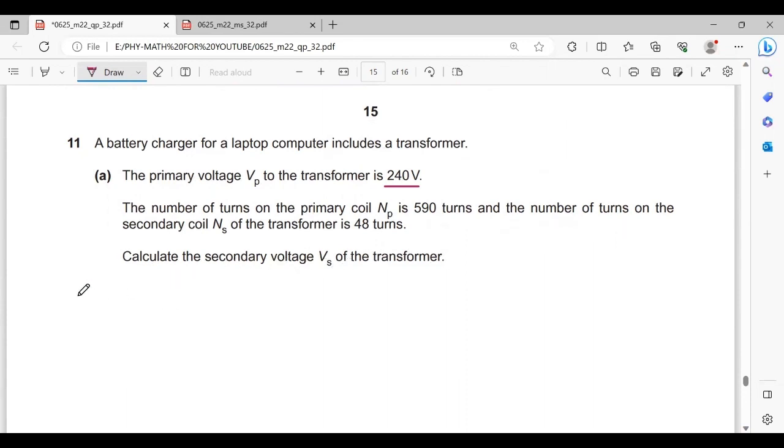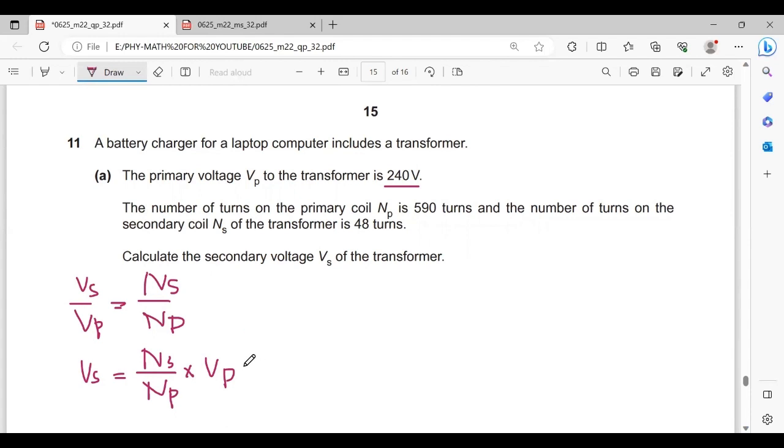Okay, so the formula to find this solution is Vs over Vp equals Ns over Np. If Vs is the subject, it means Vs equals Ns over Np times Vp.